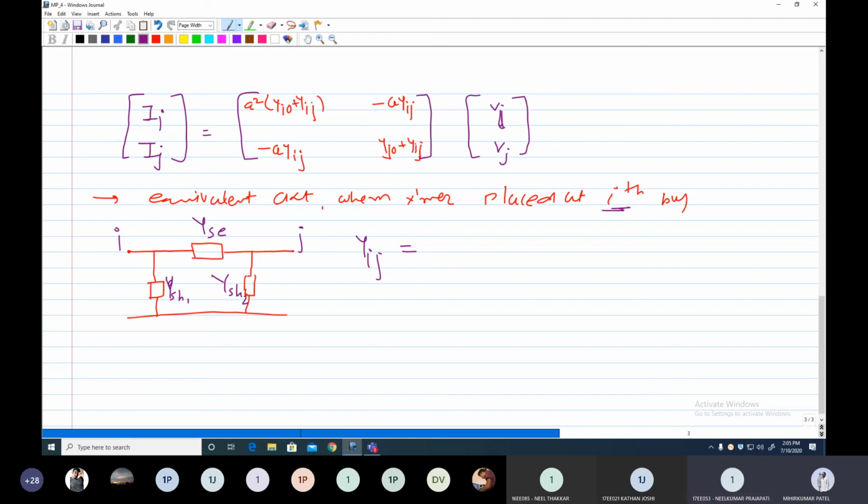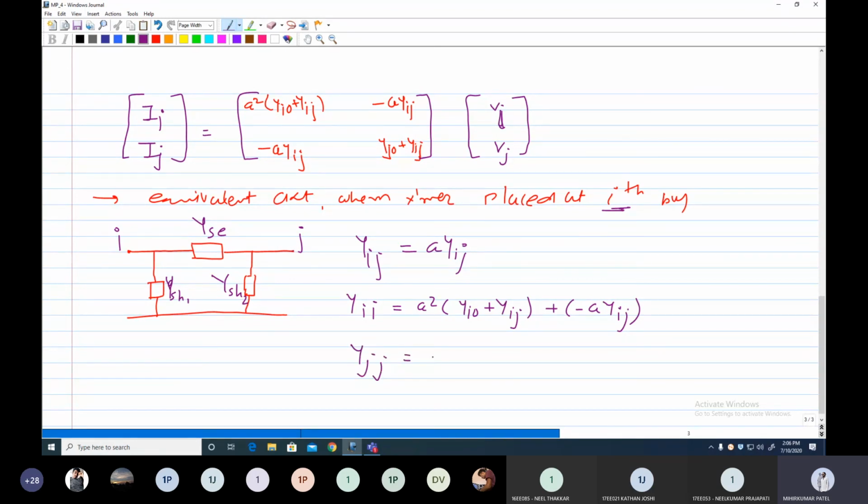Second, Yii. Now, what is the value of Yii? A square into Yi0 plus Yij, then minus Yij, A into Yij, A into 1. Very good.